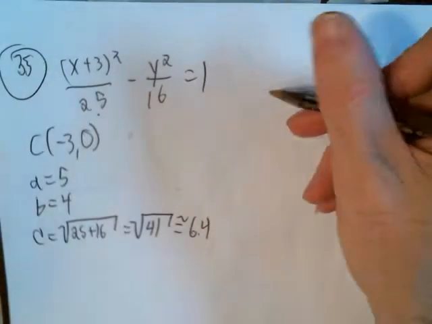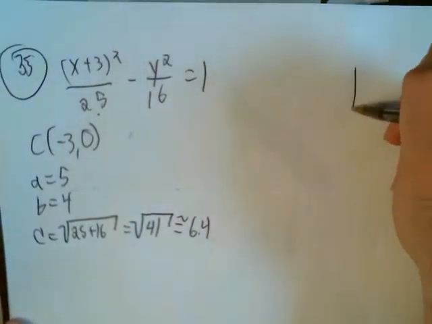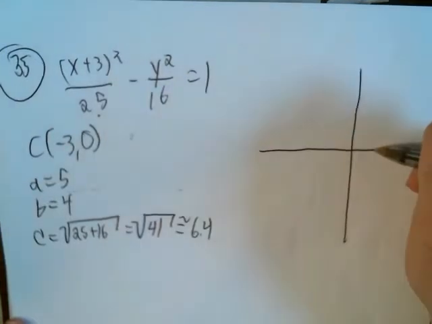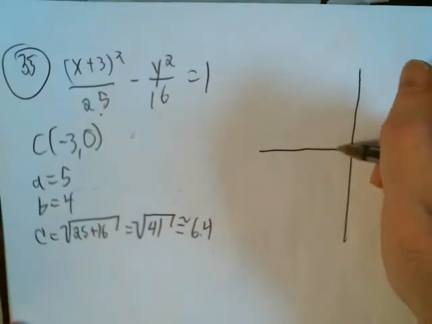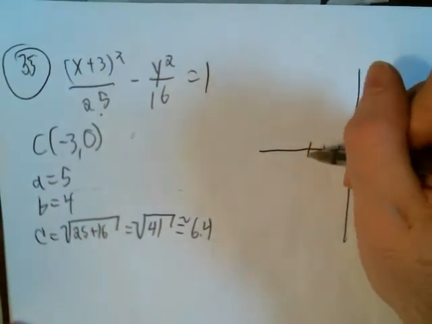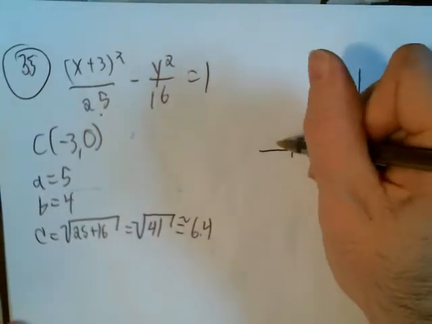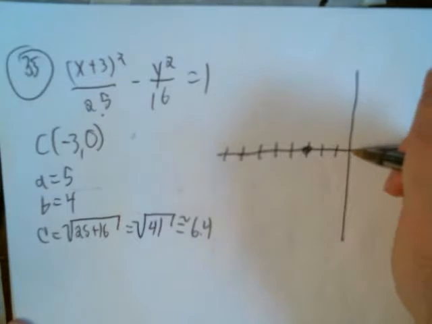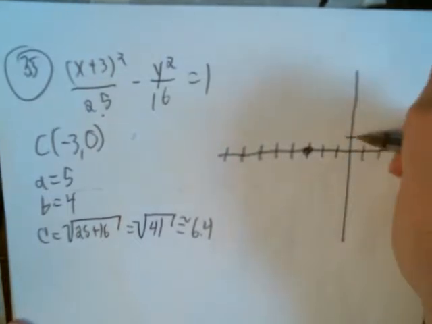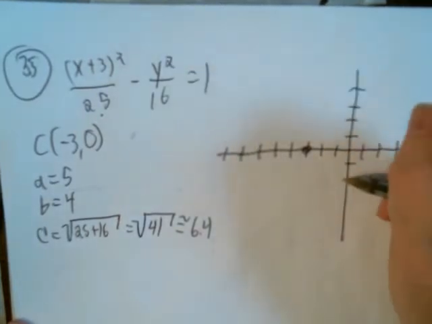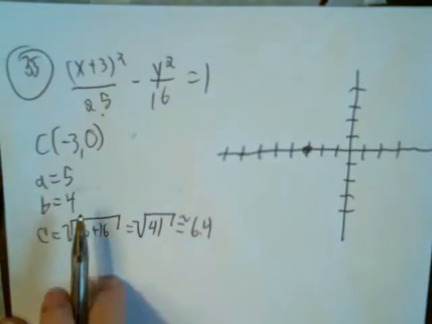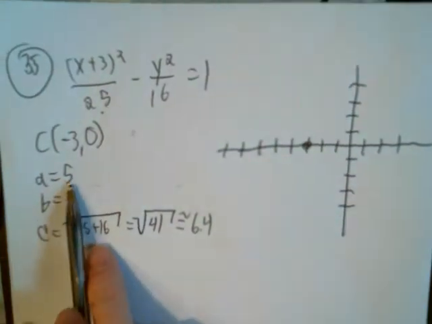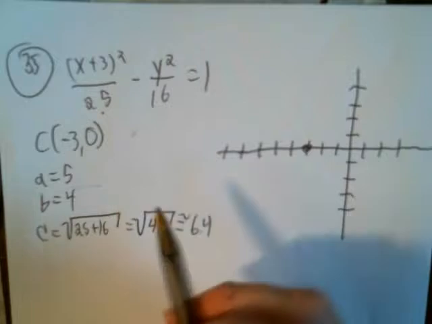Okay, so let's go ahead and start thinking about our graph. Negative 1, 2, 3, 0. Okay, so to get to the vertices, I'm going left and right by 5.